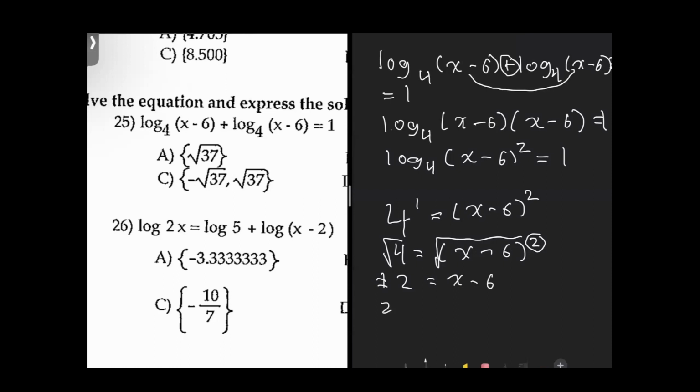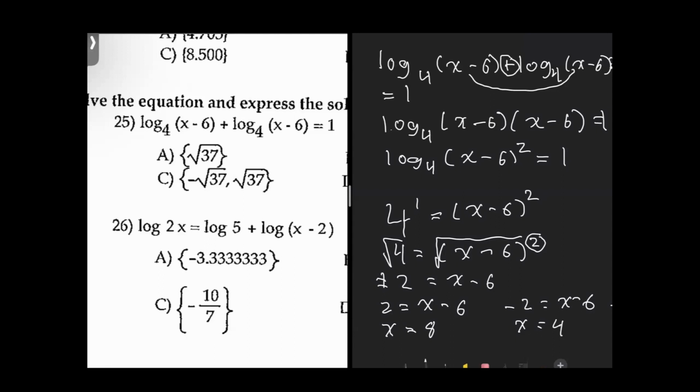So we can have 2 equals x minus 6, or negative 2 equals x minus 6. So therefore, we have x equals 8 and x equals 4.